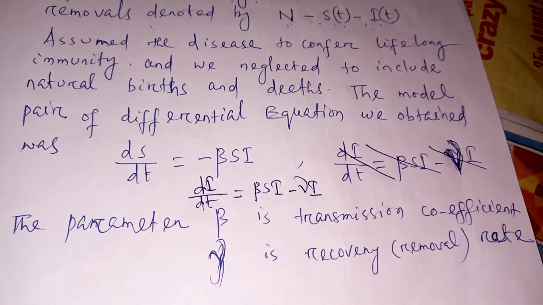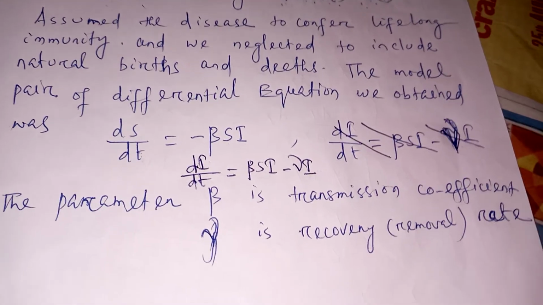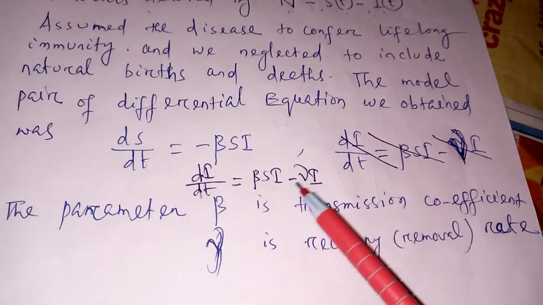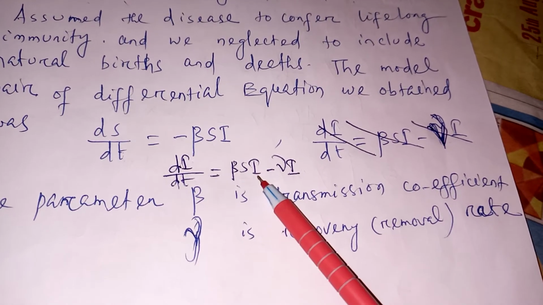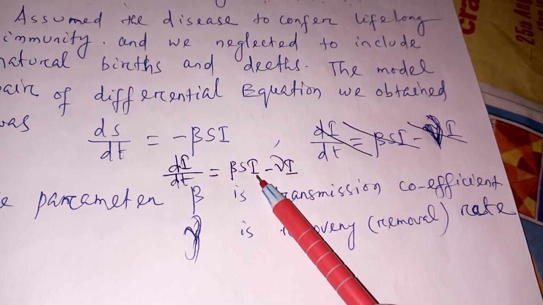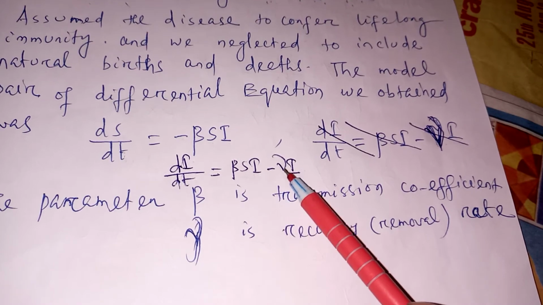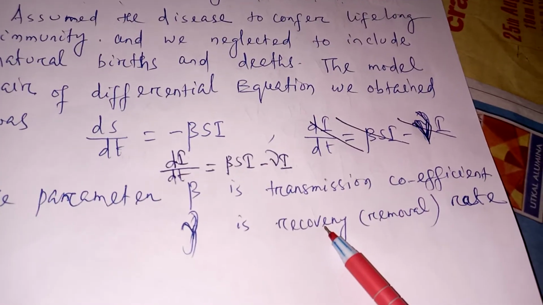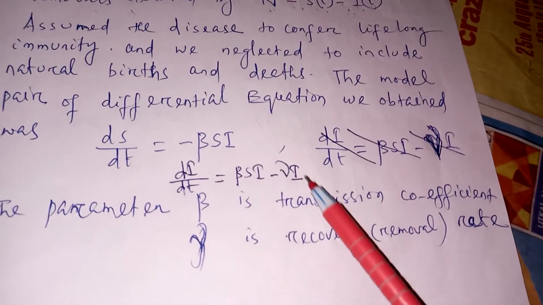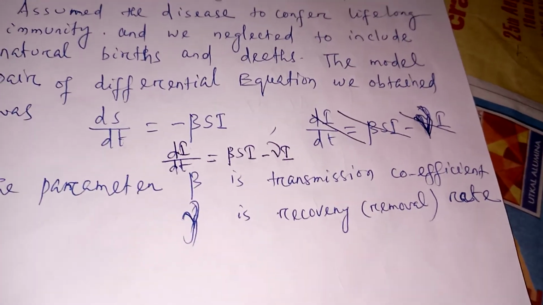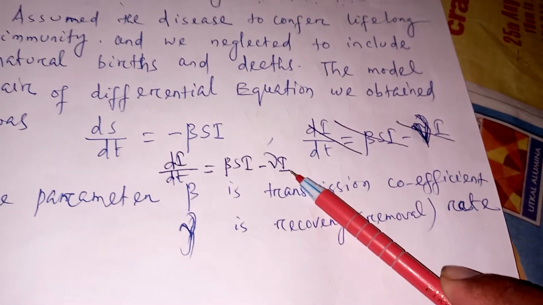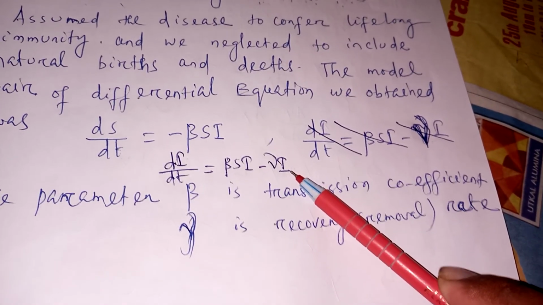At a certain time we count how many people are infected by this disease, where beta is the transmission coefficient, S is the number of susceptible people, I is the number of infected people, and gamma is the recovery or removal rate. Gamma is how many people recover from this epidemic disease.